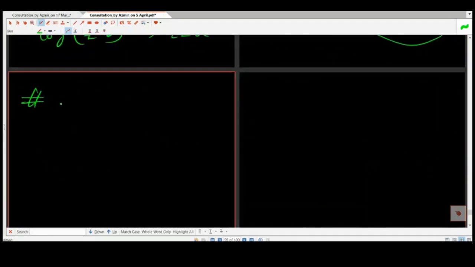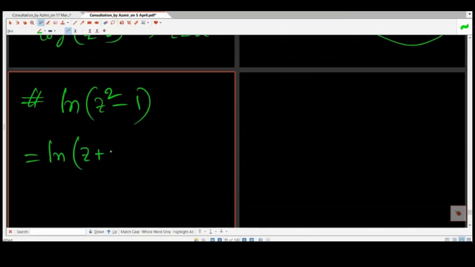Let's take another example. What will be the branch point of this? This time we have to do a simple calculation. We can understand that it can be written as natural log of (z squared minus 1), that is, natural log of (z plus 1)(z minus 1).